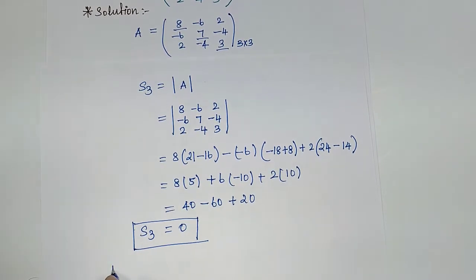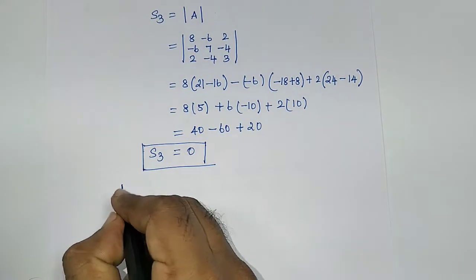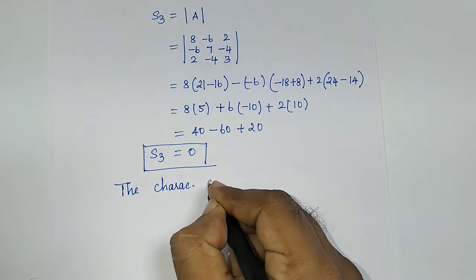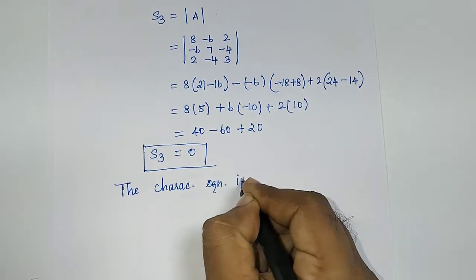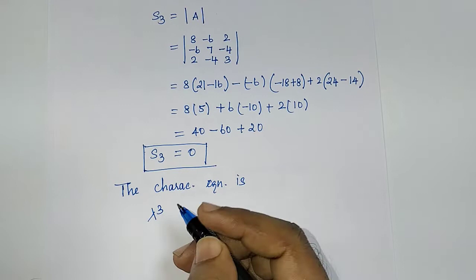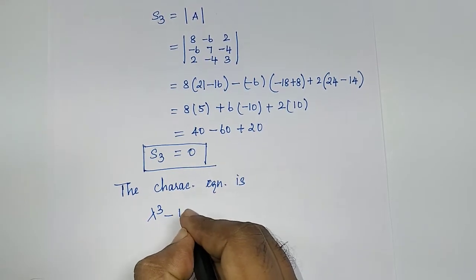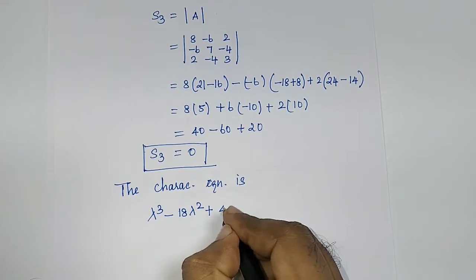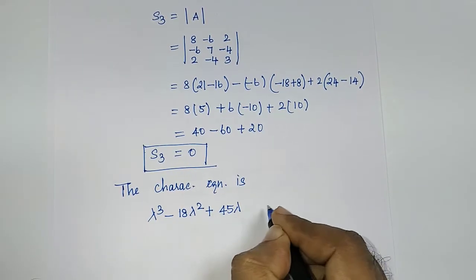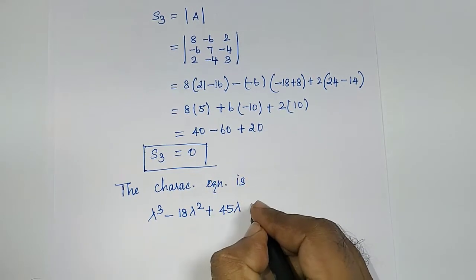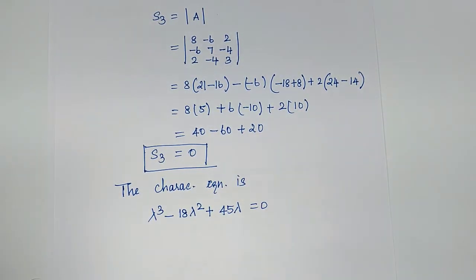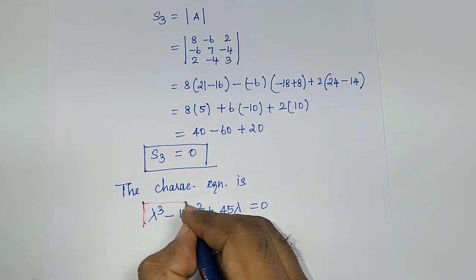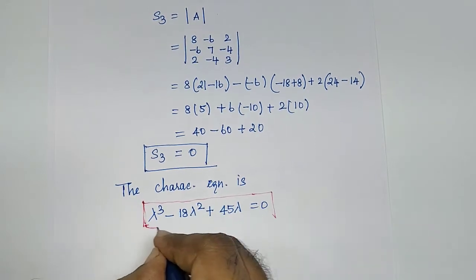Now I am going to write the characteristic equation: lambda cube minus S1, which is 18, lambda square, plus S2, which is 45, lambda, minus S3, which is 0.